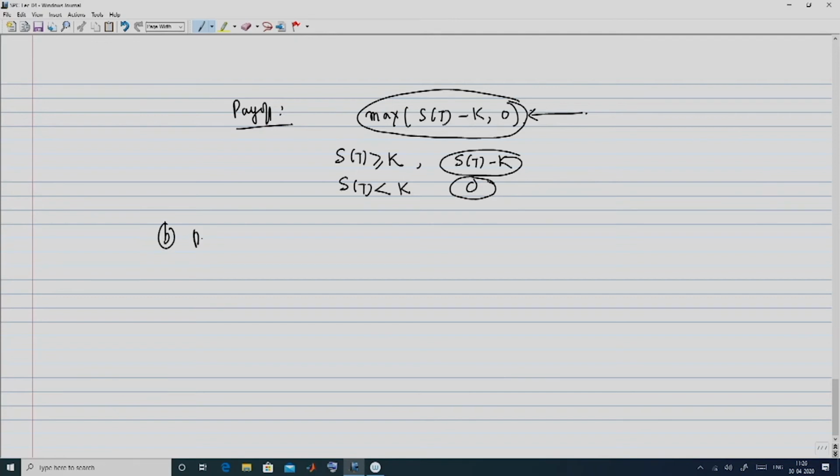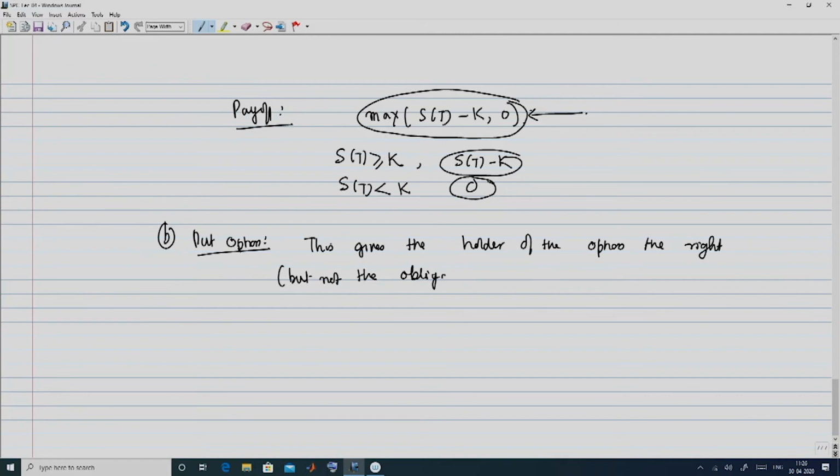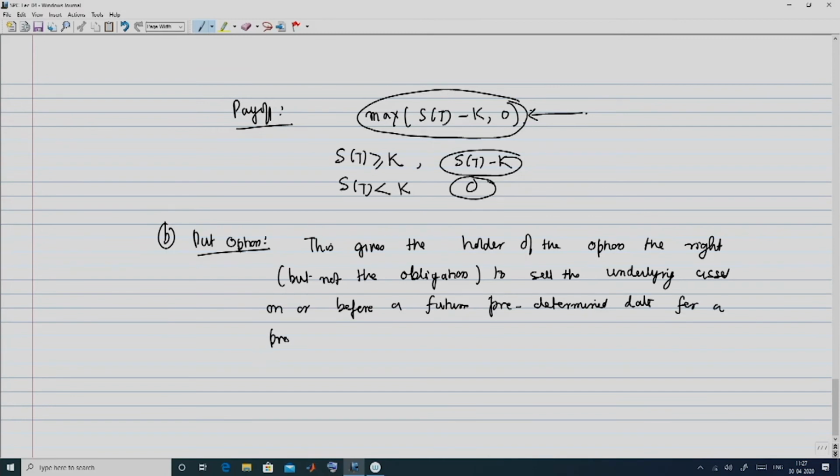Okay, now let us talk a little bit about put option. So, here this gives the holder of the option the right, but not the obligation, to sell the underlying asset on or before a future predetermined date for a pre-specified price.